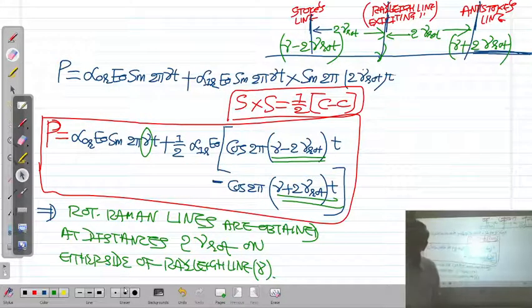So it is not necessary that the molecule has a permanent dipole moment to get the Raman effect.